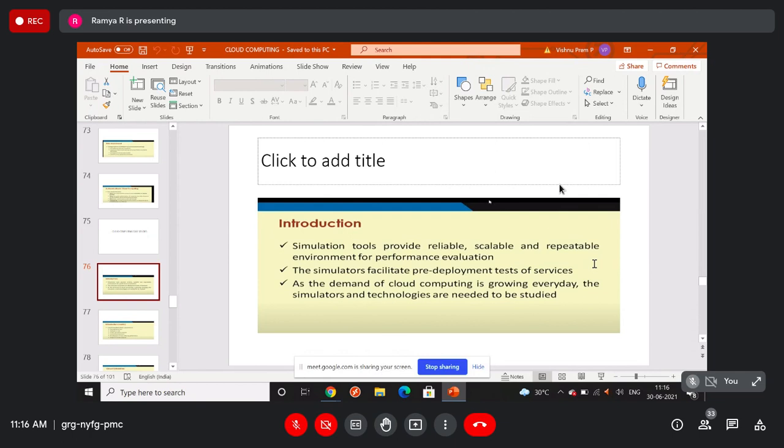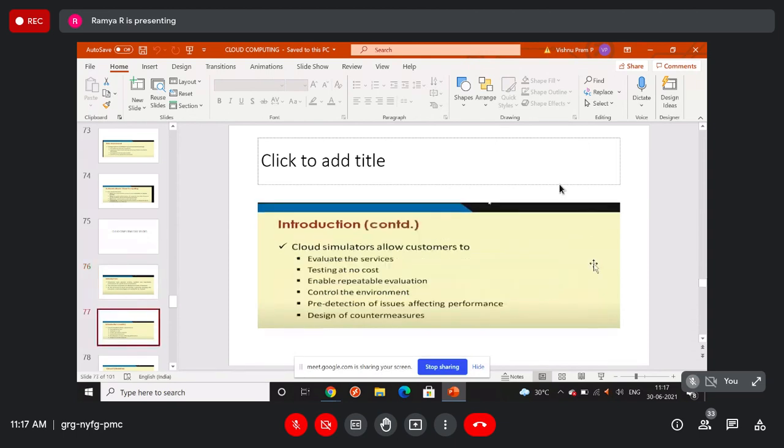These simulators facilitate pre-deployment testing of services, because as the demand for cloud computing is growing every day, the simulators and technologies need to be studied. So what simulators do we have? Cloud simulators allow customers to evaluate the services, test at no cost, enable repeatable evaluation, and control the environment. Next, pre-deployment design of customer measures.